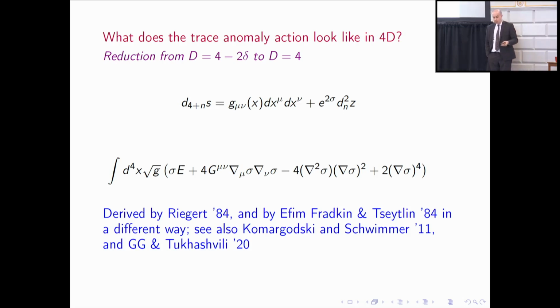The other ones are more subtle because you need those combinations in order to get the right anomaly in the end. Those coefficients are all fixed. There is no arbitrariness. The anomaly determines exactly what those coefficients should be. Another potential subtlety is that they have higher derivative terms, as you see: nabla squared sigma, nabla sigma squared, and nabla sigma to the fourth.